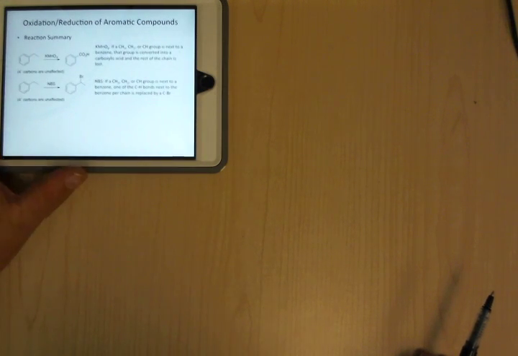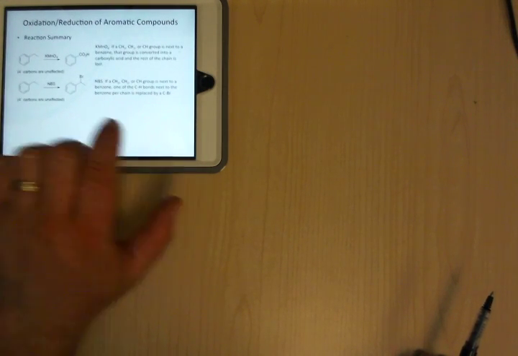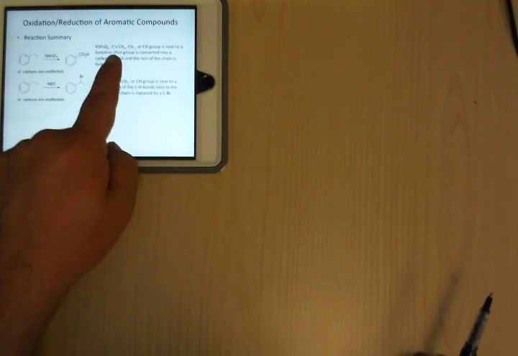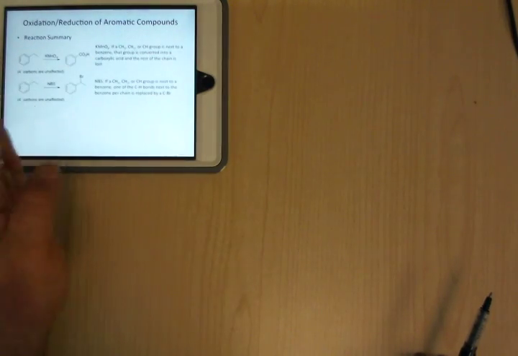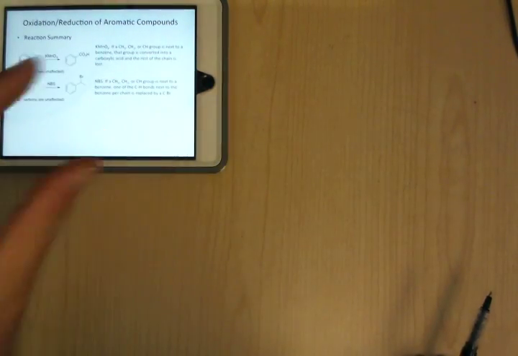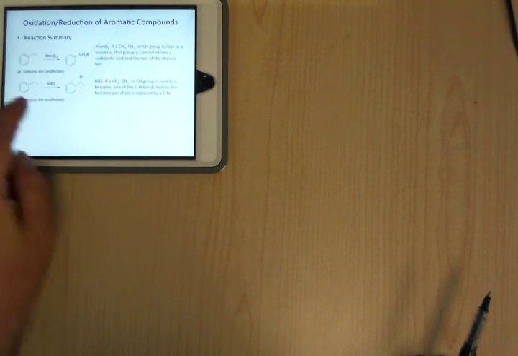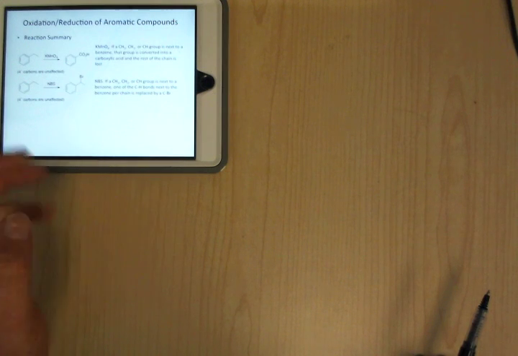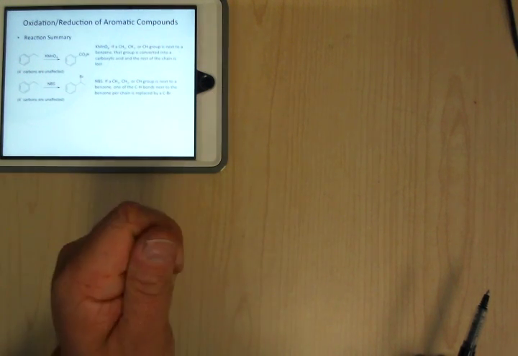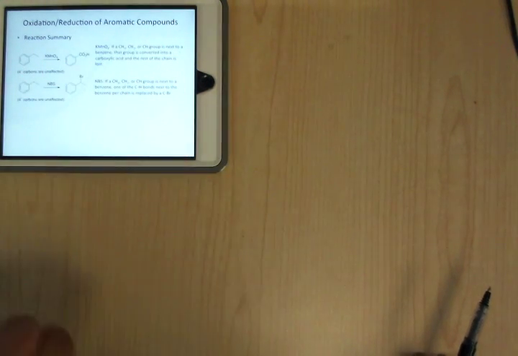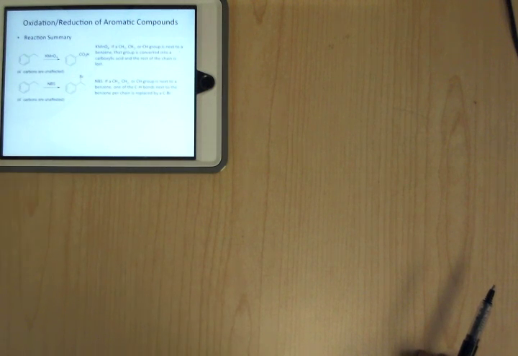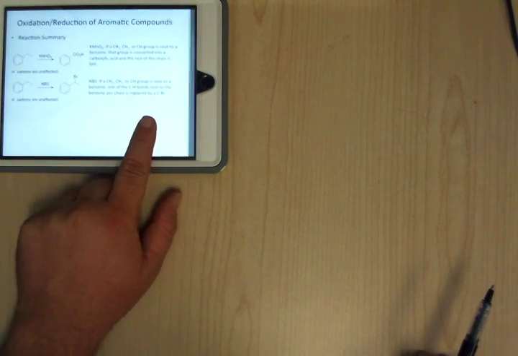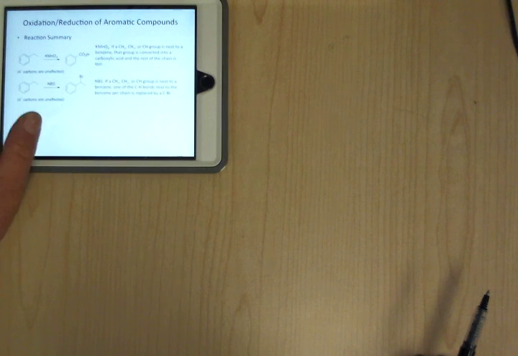So here, the KMnO4, if there are carbon-hydrogen bonds right next to the ring, will rip off the rest of the chain and leave a carboxylic acid group there. With the NBS, if there are CH groups next to the ring, it takes off one of those hydrogens and puts on a bromine, for each chain. And quaternary carbons are unaffected.